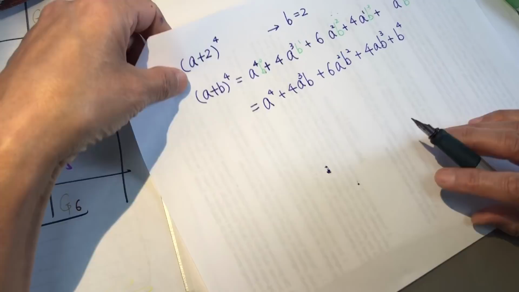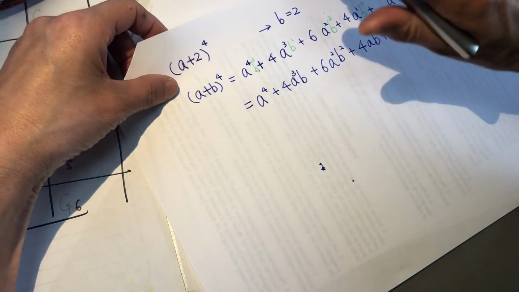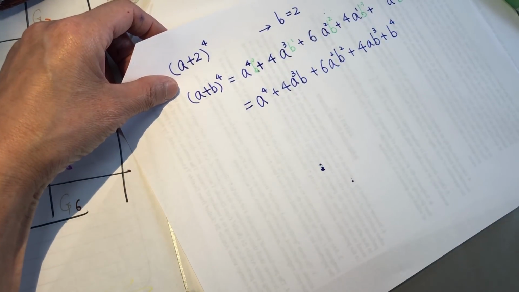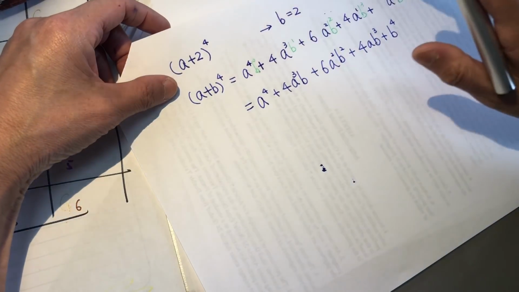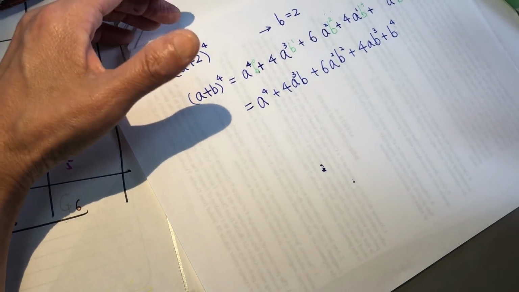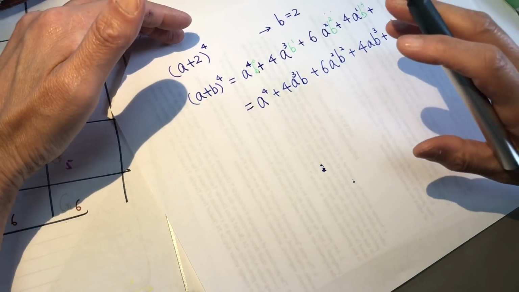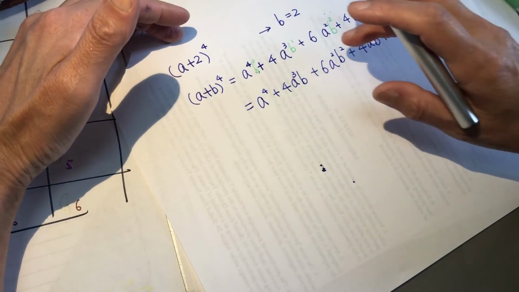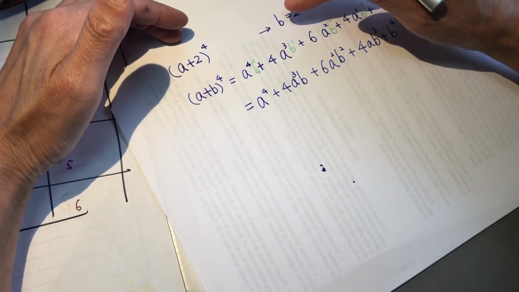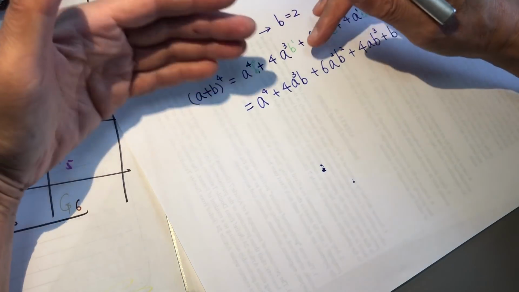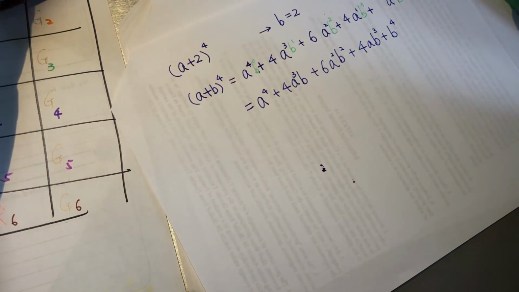Now we need to switch it back. If you are clear enough, you have already done it. You do not need to substitute this b into 2. You can just calculate.